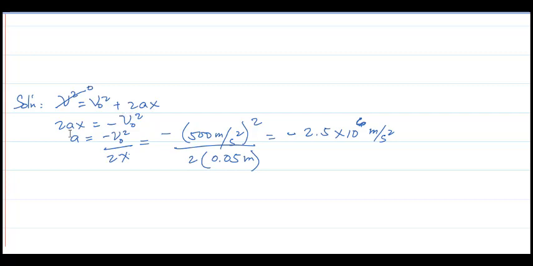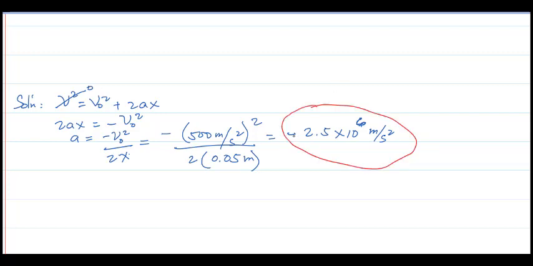So solving for acceleration, since our final velocity is 0, 2ax is just equal to negative v naught squared. Or a is just equal to negative v naught squared over 2x. And then plugging in the values, you will have this magnitude of acceleration.